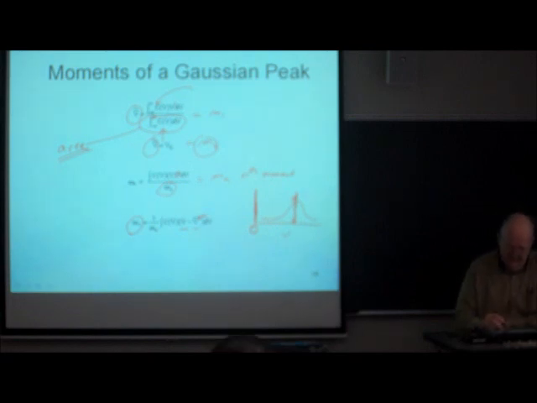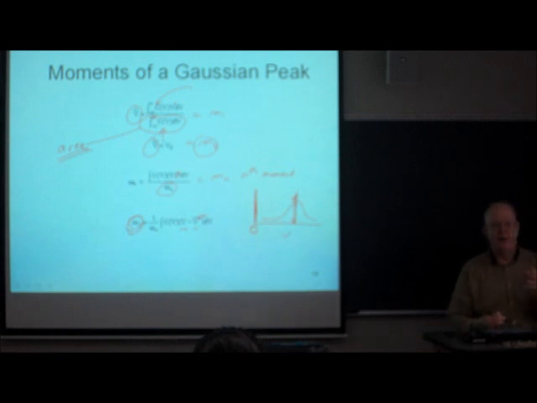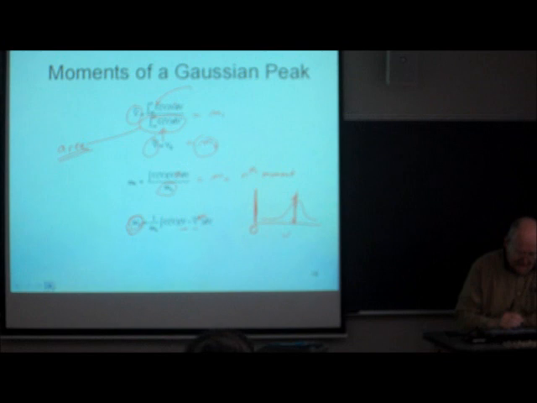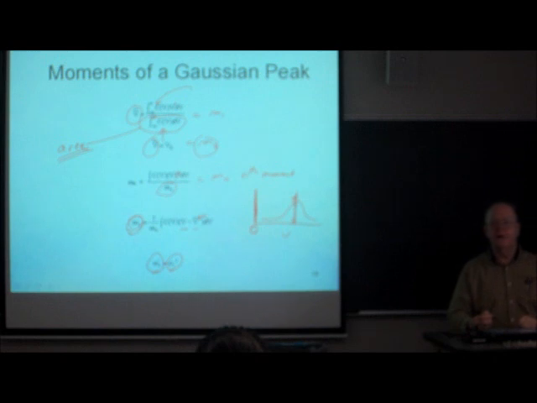It's V minus V bar, the whole quantity squared. This is the moment about the center of gravity. And this quantity, m2 prime, is really related to the variance of the peak. If we put in the equation of a Gaussian, the second moment about the center of gravity is simply the sigma squared of the Gaussian peak.